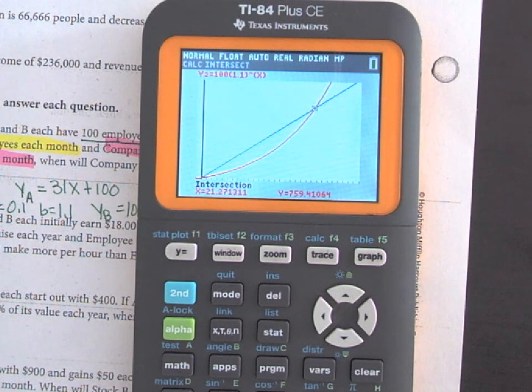And we see that the intersection point is at x equals 21 and then this decimal, right? We need to think about what is happening in our functions, and x is representing months, right? So it takes the full 21 and a little bit of the 22nd. That's what that decimal means. So when we give our value, we need to include that portion of the 22nd month because we're already into it after the 21st month is done.